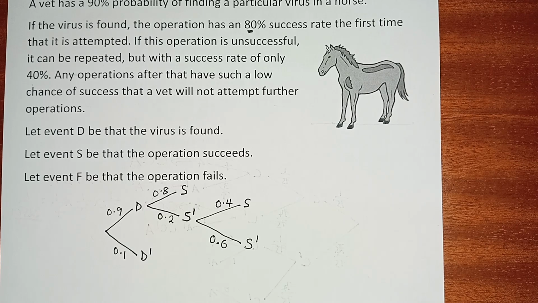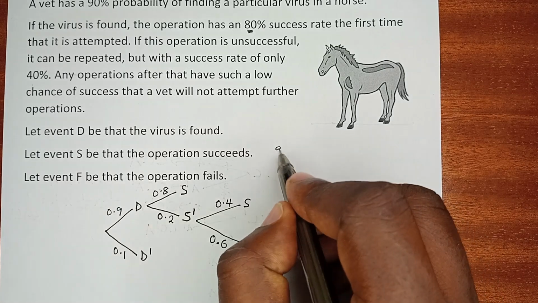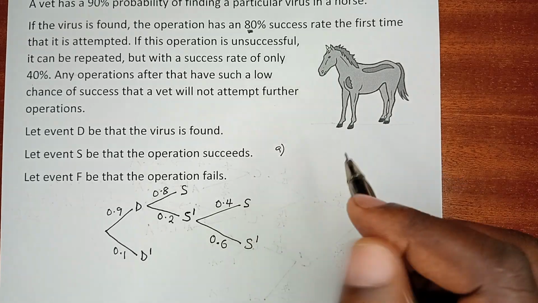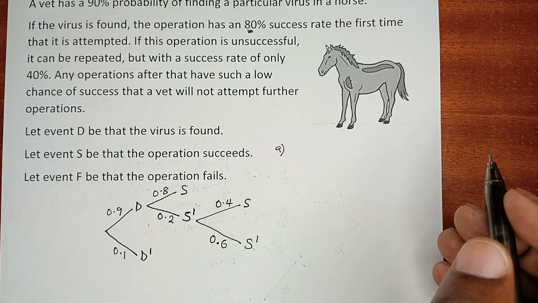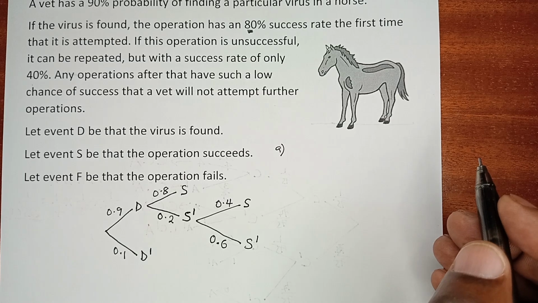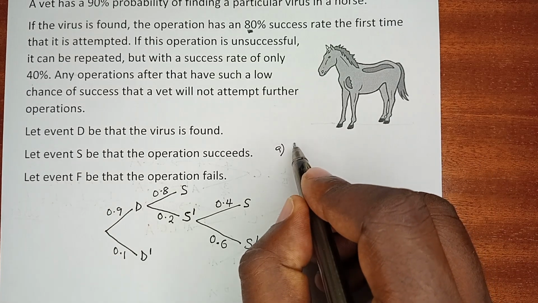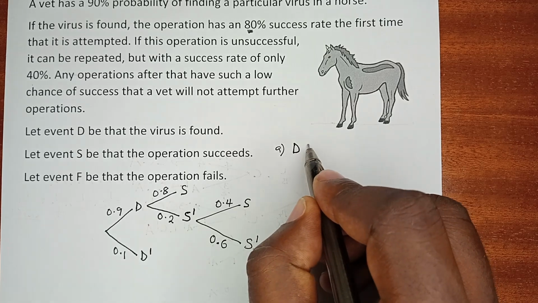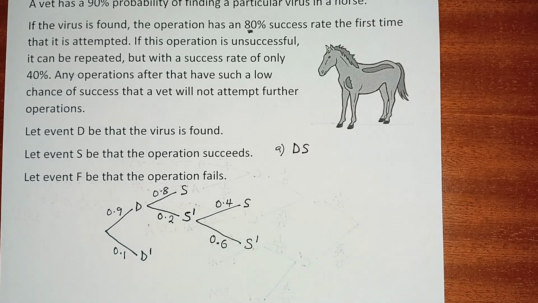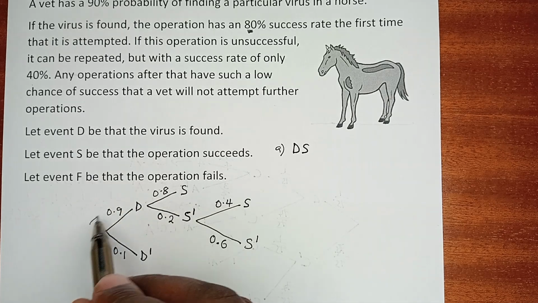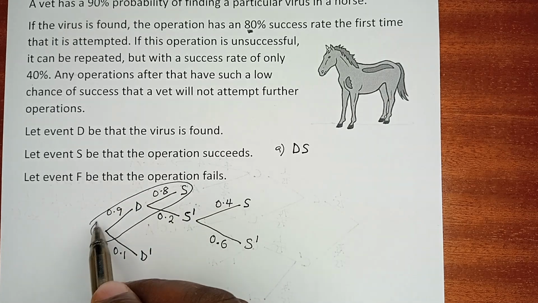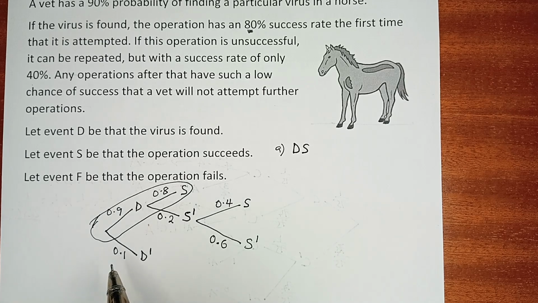Now, first question. What is the probability that a horse with a virus will be operated on successively once? First of all, part A. We have to detect the virus and operate successively, and we just have this route. You can see this route. We have to detect the virus because detecting the virus is not obvious.